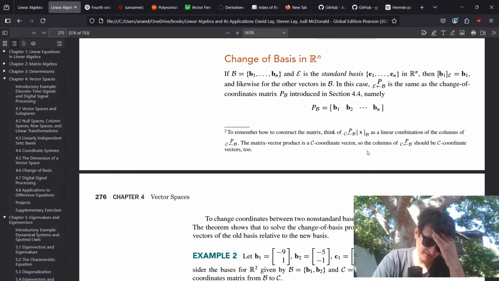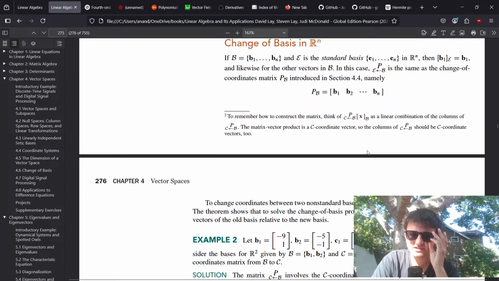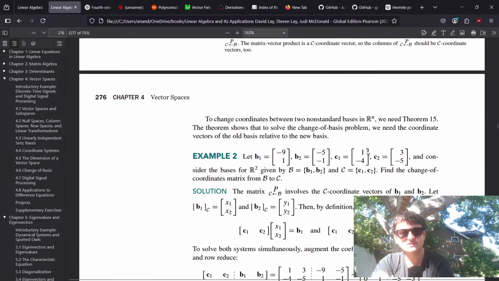Right, if you think about it as a linear combination and not just some abstract matrix vector product, then it maybe makes a little bit more sense. Okay, all right, that's kind of making some sense.